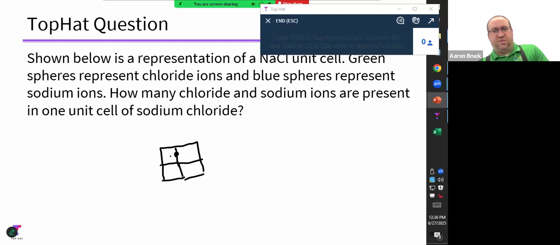So something on this edge is going to be shared by this dice and this dice. But it'd also be shared by the one on top of each of them as well.